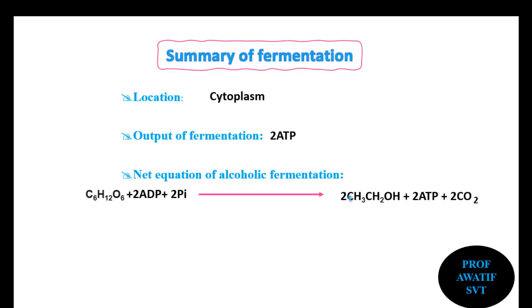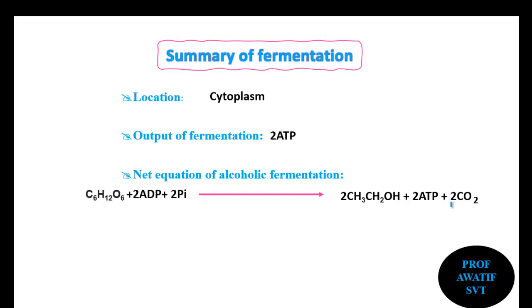It's the chemical formula of ethanol, and we will have 2 of it. Next, we will have the production of 2 ATP molecules that are going to come from the phosphorylation of 2 ADP molecules with 2 phosphates. And also we will end up releasing 2 carbon dioxide into the environment.